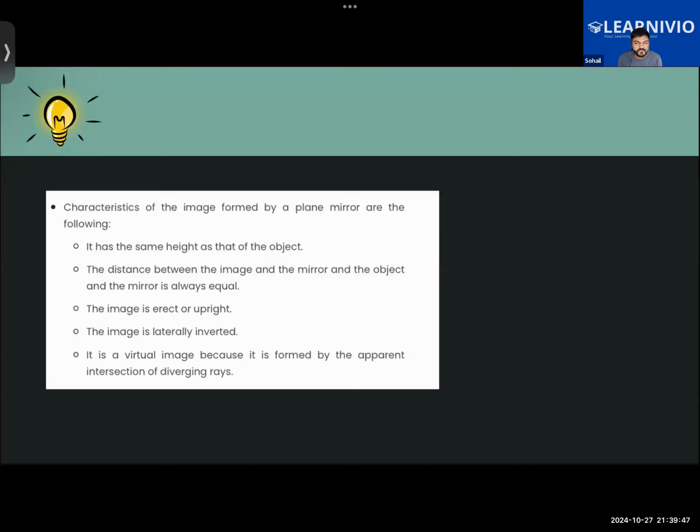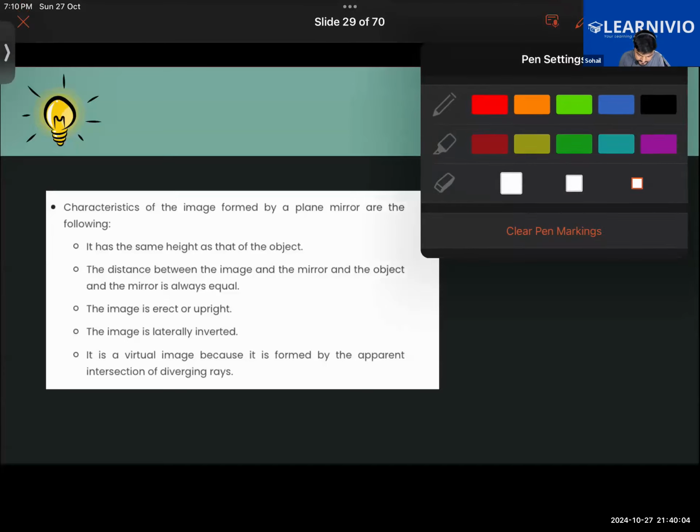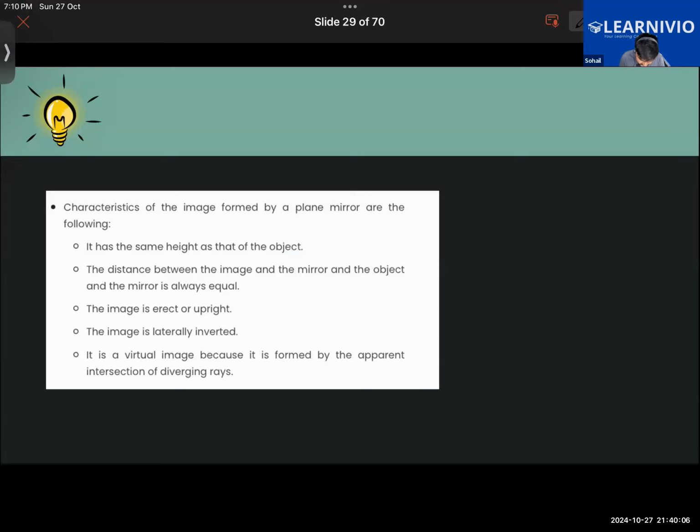It is a virtual image because it is formed by the apparent intersection of diverging rays. Okay, diverging rays are basically another word being used for the reflected rays.